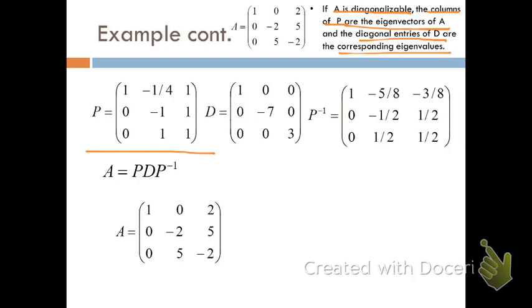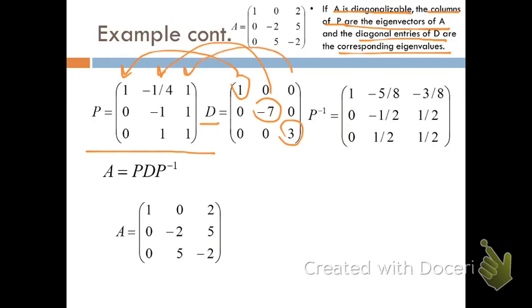So what do we notice here? Our eigenvalues, 1, -7, and 3, are the entries along the diagonal of my matrix D. They correspond to their corresponding eigenvectors.